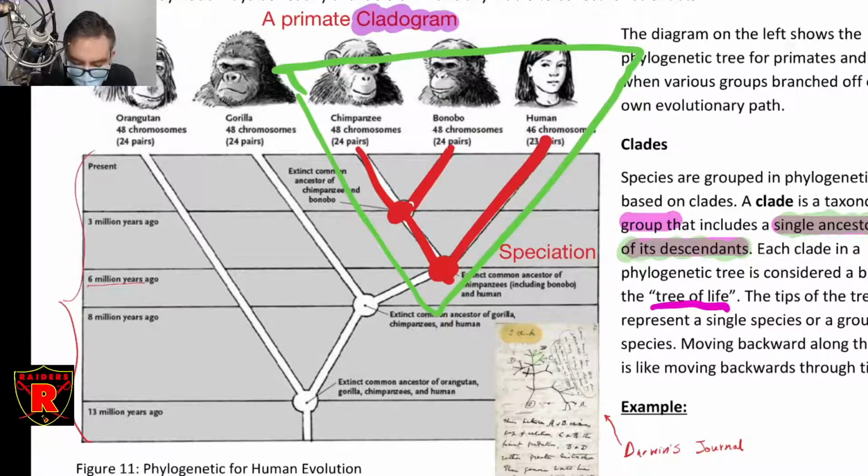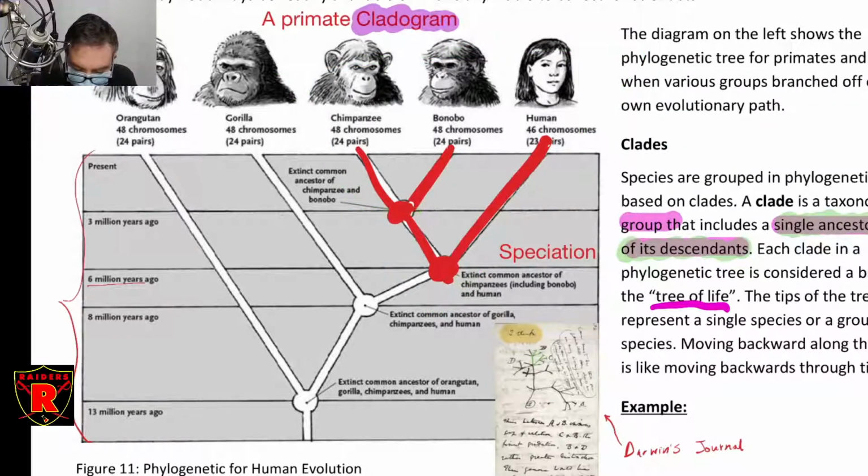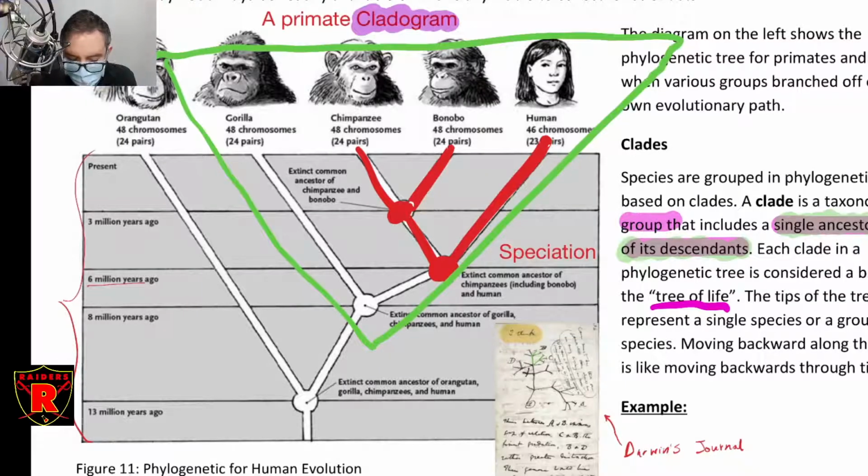Because they have a more recent common ancestor in geological time, okay? So if we looked at level of relatedness here between chimps and bonobos and us, and then we looked at that same grouping but including gorillas. So this is a different clade that I'm drawing here, one that includes gorillas as well.